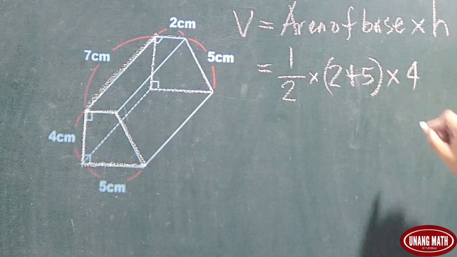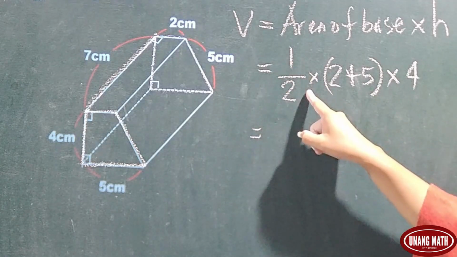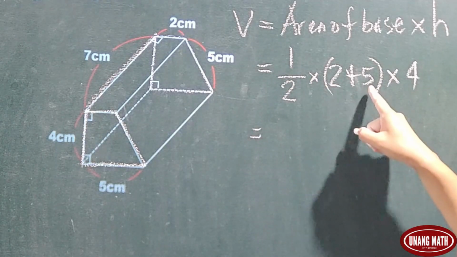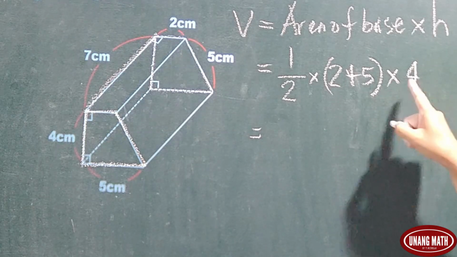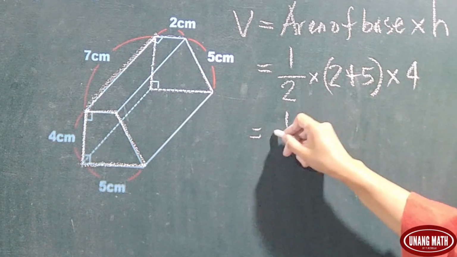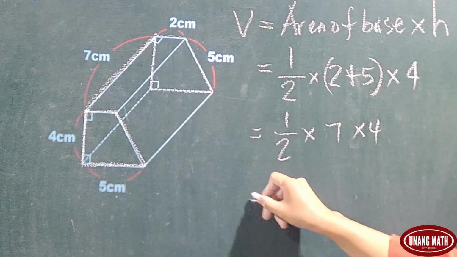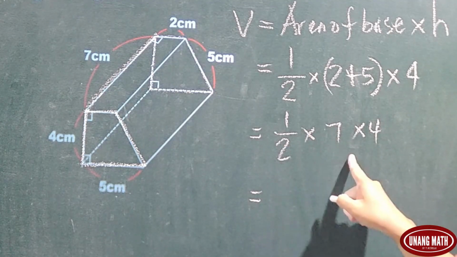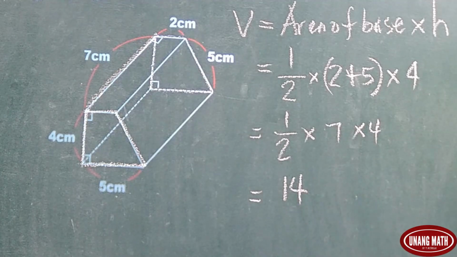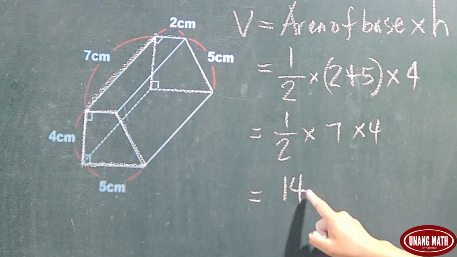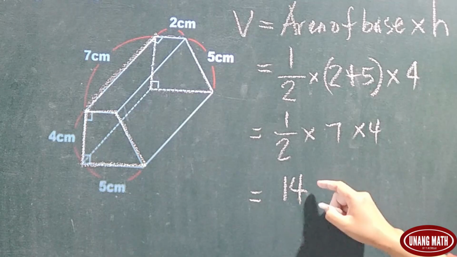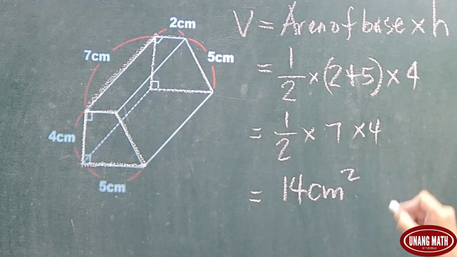So 1/2 times (2 plus 5) times 4. Then this would be 1/2 times 7 times 4. If we simplify, this would be equal to 14. So the area of this base is 14 square centimeters.